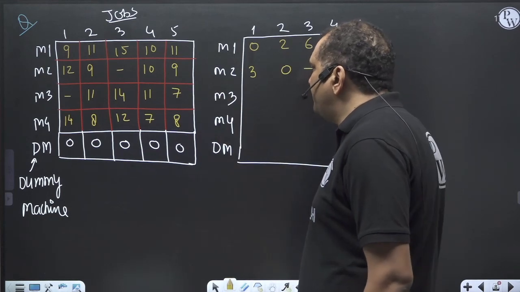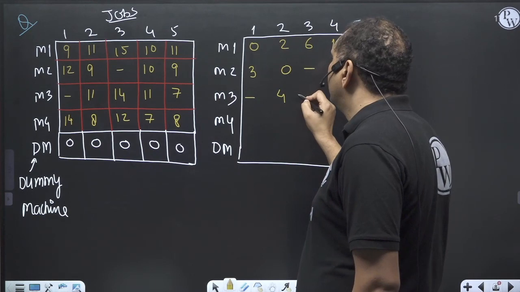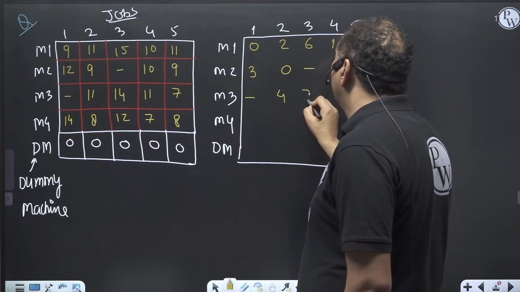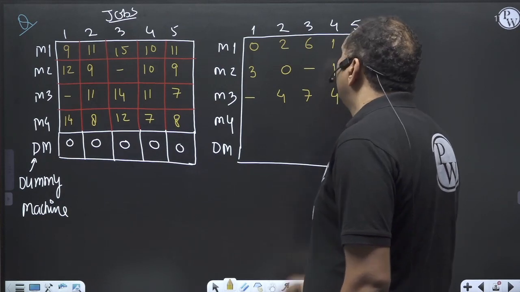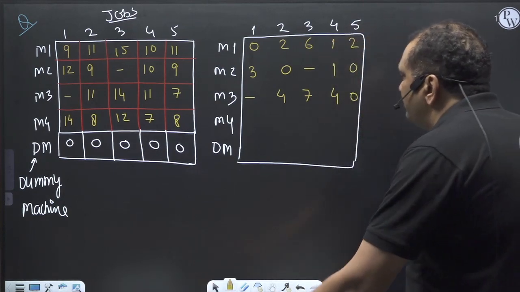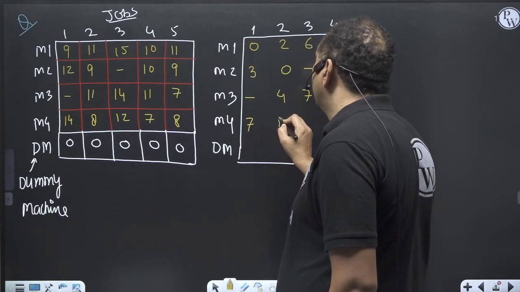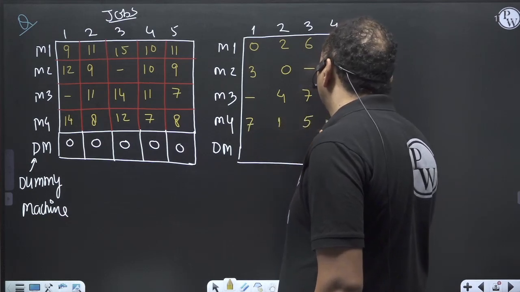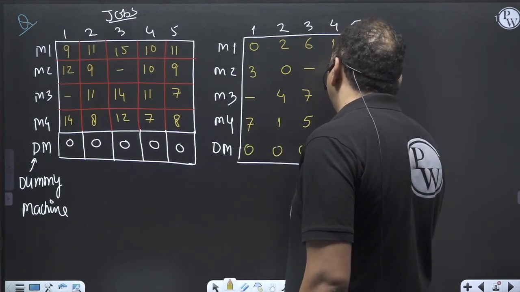Third row, the minimum element is 7, so subtract 7. Fourth row, the minimum is again 7. And the fifth row, anyway, has 0 everywhere.